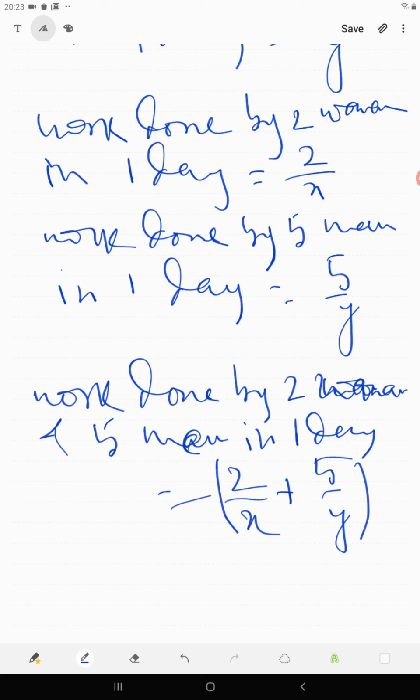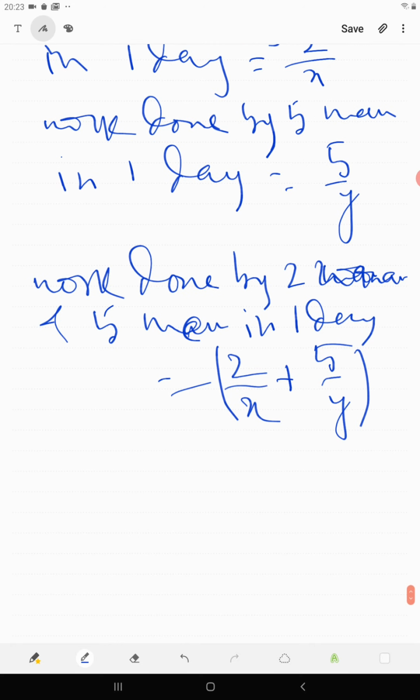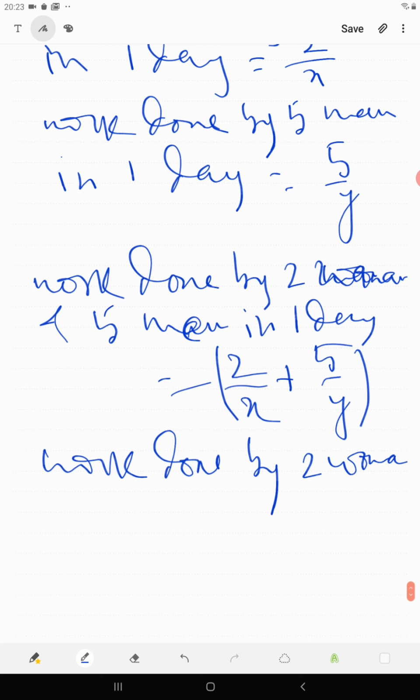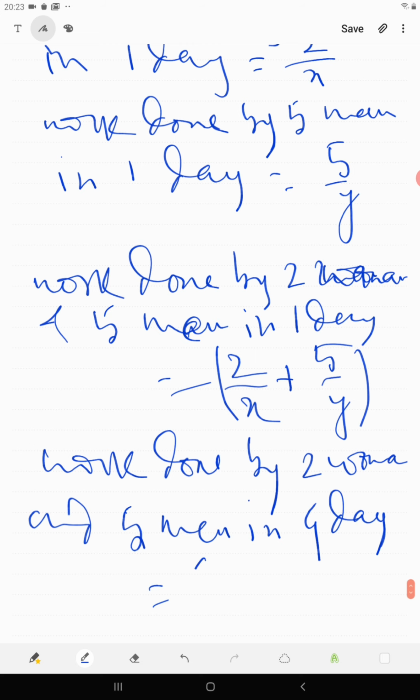Okay, now how many days together are they working? 4 days. So 2 women and 5 men are working for 4 days, correct? So work done by 2 women and 5 men in 4 days: the previous one is 1 day, so in 4 days that will be a multiple of this, 4 multiplied by 2 by x plus 5 by y.